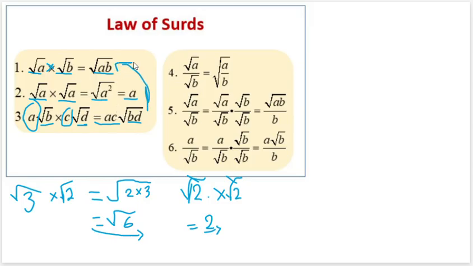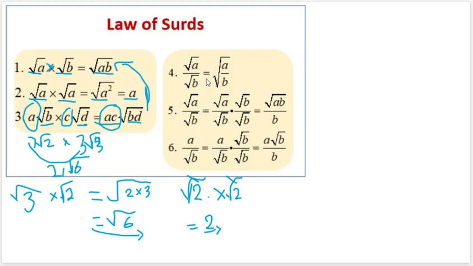An example can be, let's say, 7 root 2 times 3 root 3. Once we have that, 7 multiplied by 3 is 21 root. Now what is 2 times 3? Yes, 6. So that's an example for the third law.